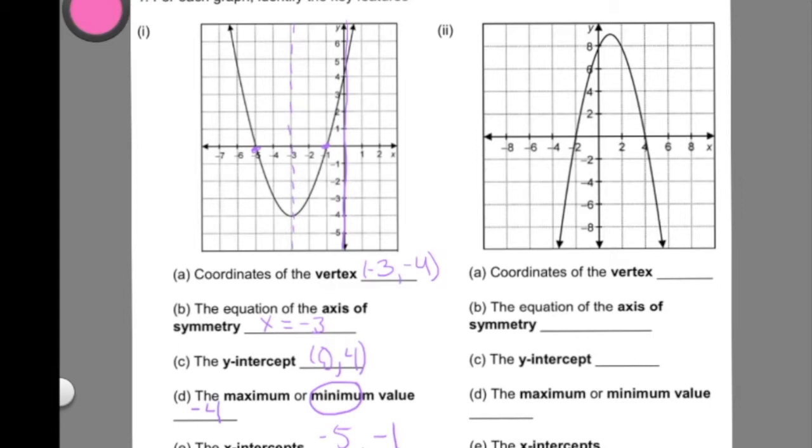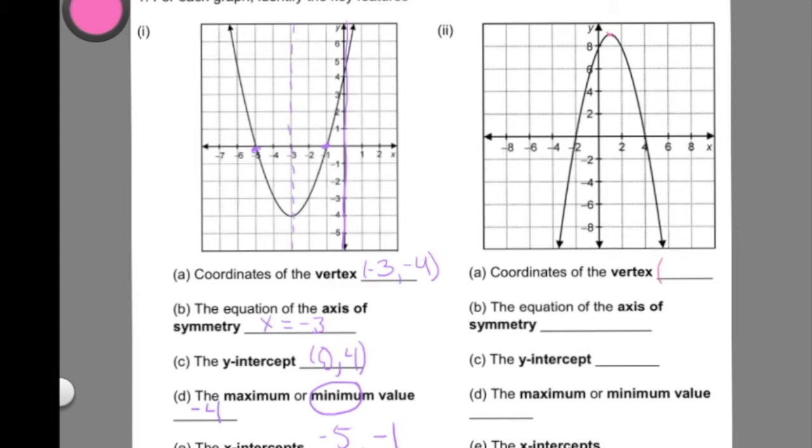For this one, coordinates of the vertex. Remember, the vertex is this point right in the center of the parabola, right up here. Our graph is going up by 2. So if this is landing right in the center of the line, my vertex on the x is 1.